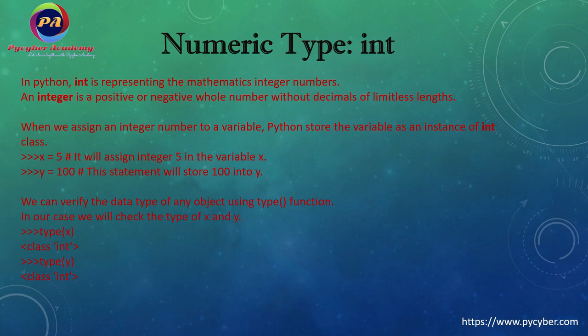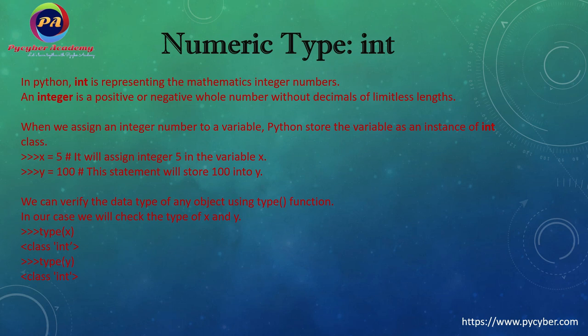In every programming language a variable has some data type, so Python automatically assigns the integer data type to x because of the value 5. Similarly, y equals 100 is also an integer.